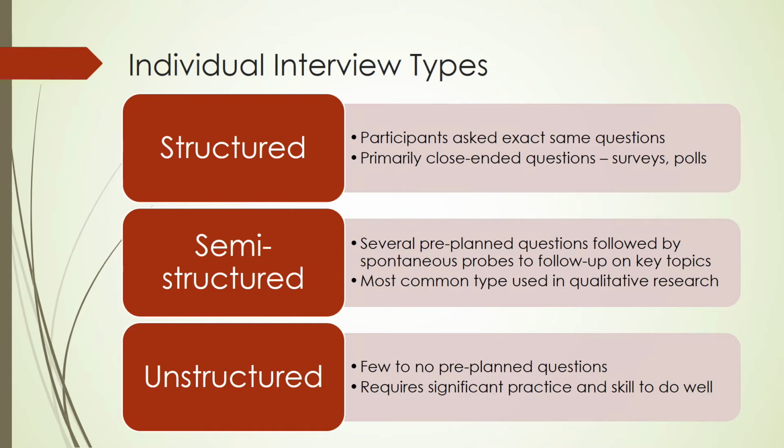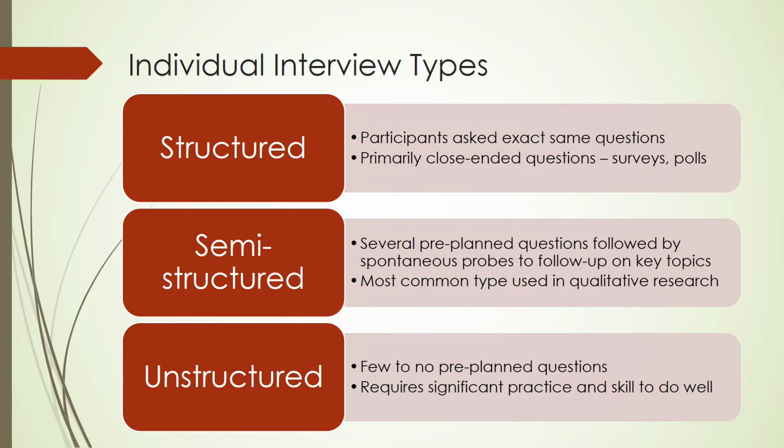Semi-structured is by far the most used, and I think makes the most sense for most qualitative researchers. You generally have several pre-planned questions, but then depending on what your respondent says, you follow up on those questions based on what your important themes are and what you think is important for your study.